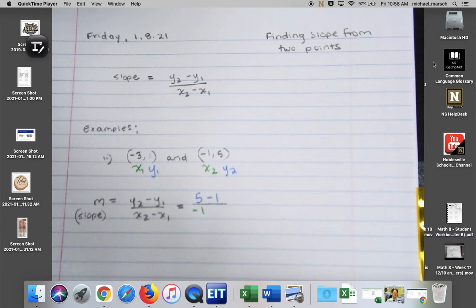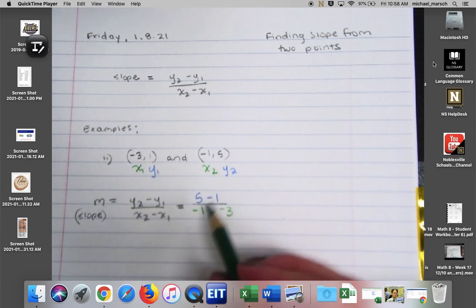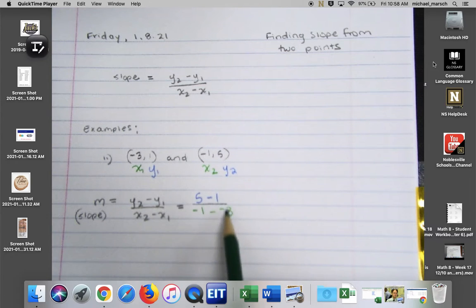And what's my x1 value? So I have minus -3. This minus stays there no matter what, right? So I have to take into account that I have a double negative. What does a double negative make? Positive.